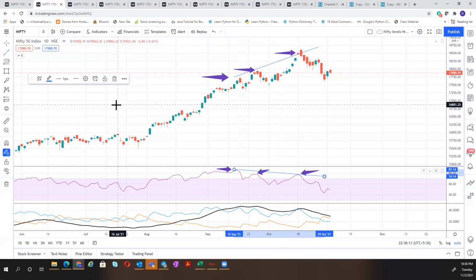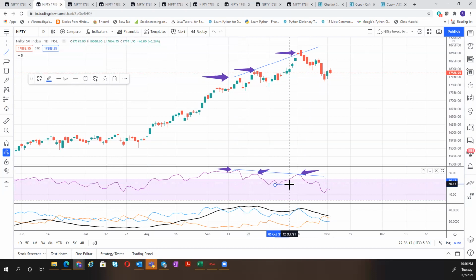You have one peak here. So if you join this peak to this peak, this is where your signal is coming to go short. If there was one more peak, you can join here on the upside. But here with this bottom and this bottom, this is where we are watching.